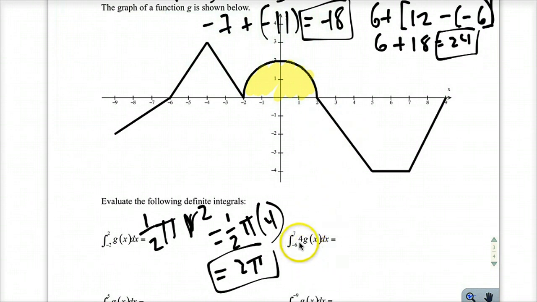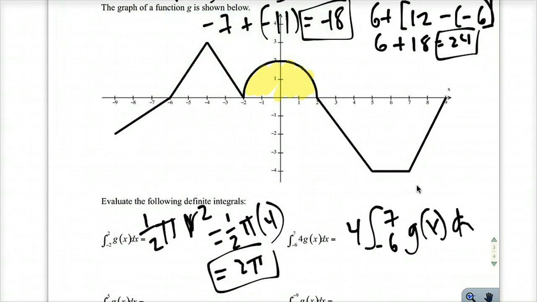This one says negative 6 to 7 for g of x. And again, this function is g. First thing I'm going to do is take out the 4 and leave it like so. Now, I need the antiderivative between negative 6 and 7. Again, there's no function here, so I have to find out the actual areas. So I'm trying to go from negative 6 to 7.